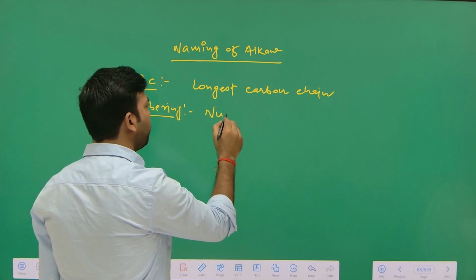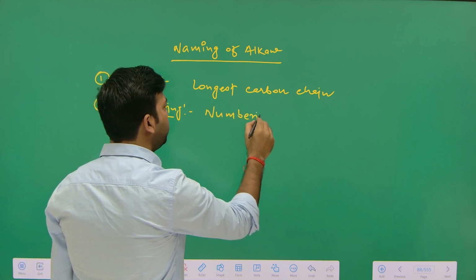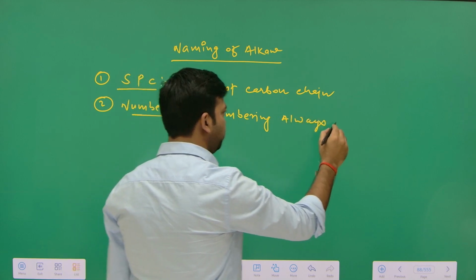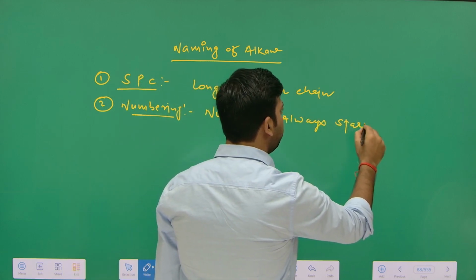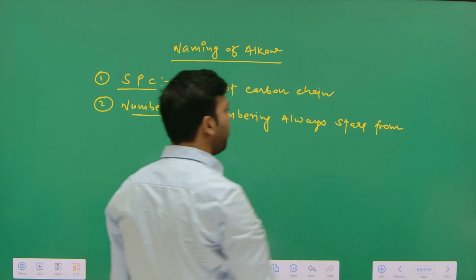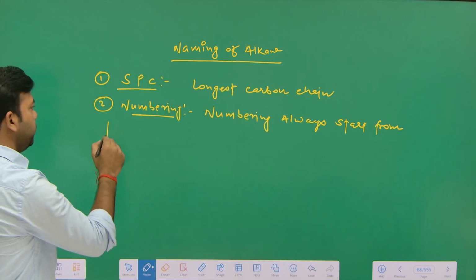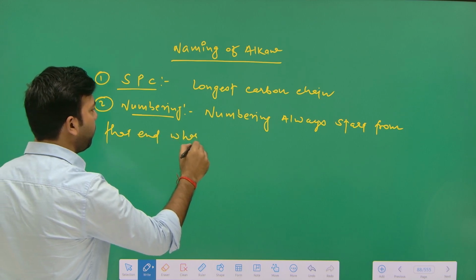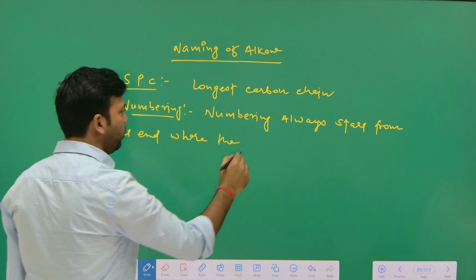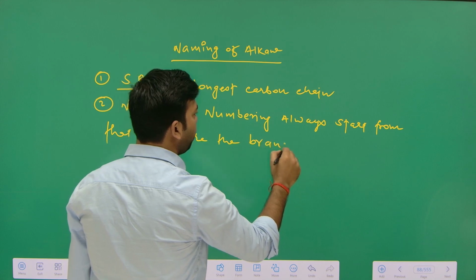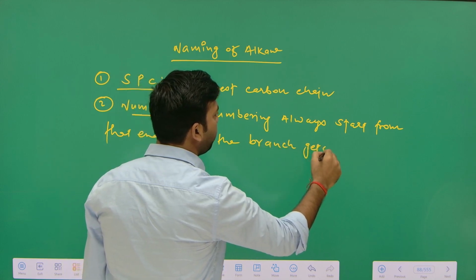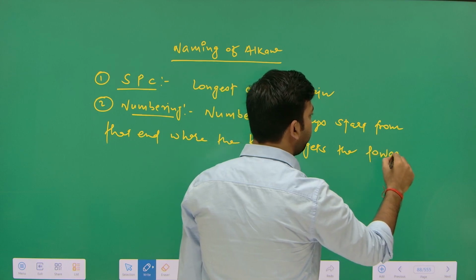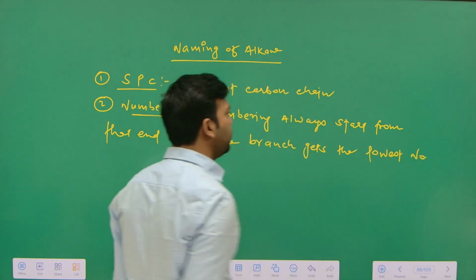Numbering always starts from that end where the branch gets the lowest number. Look at the example.